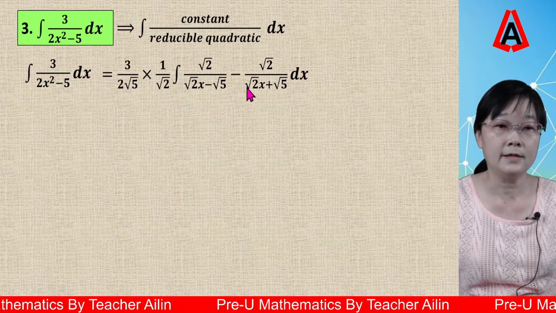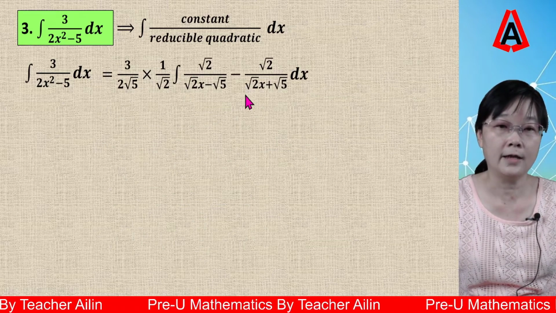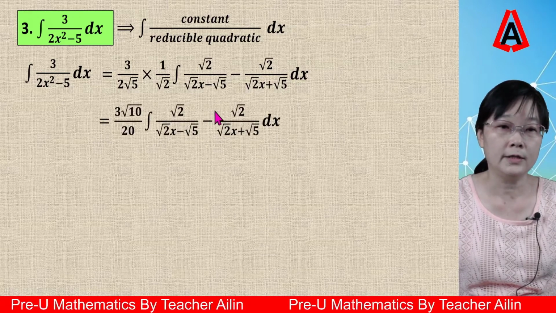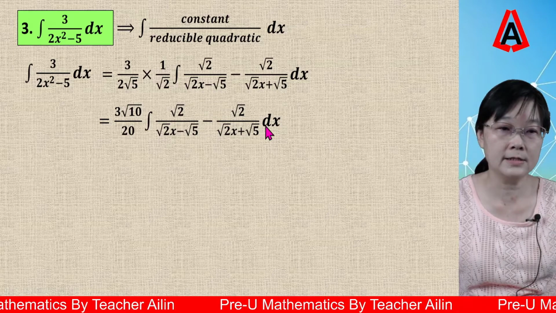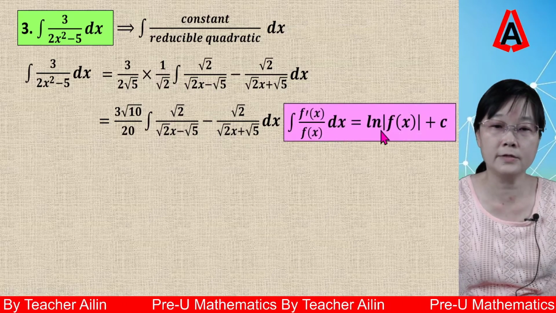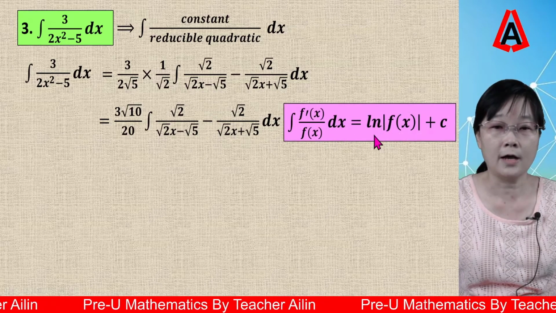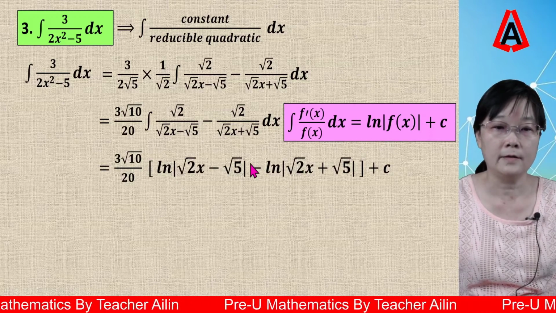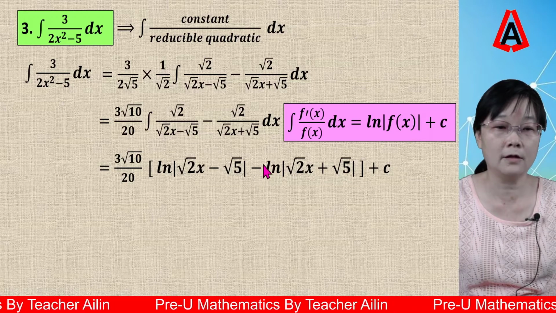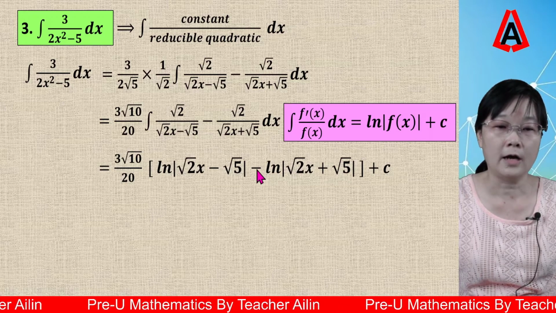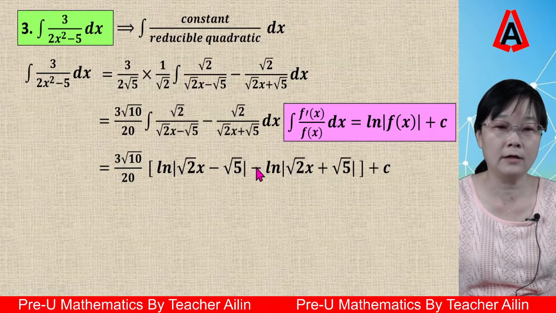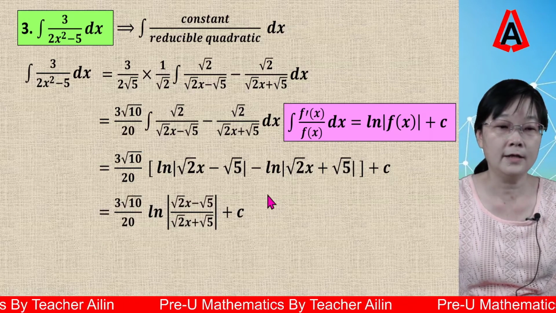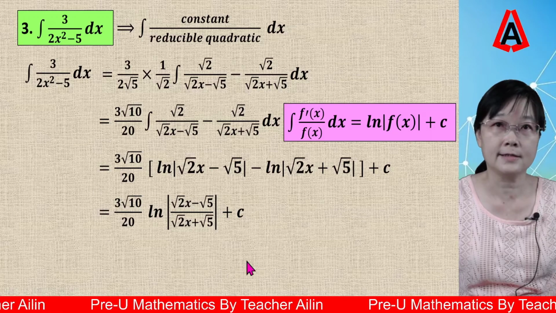So after this, I find that now I am ready to do the integration of this integral by using this formula. So after integration, I'll get ln. And according to the law of logarithm, minus becomes divide. So finally, I get the final answer here.